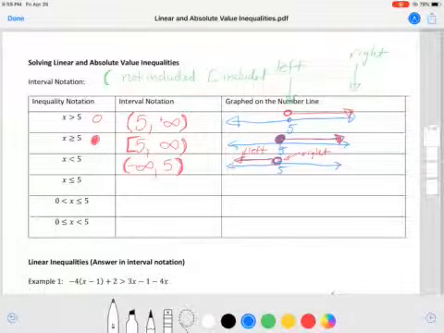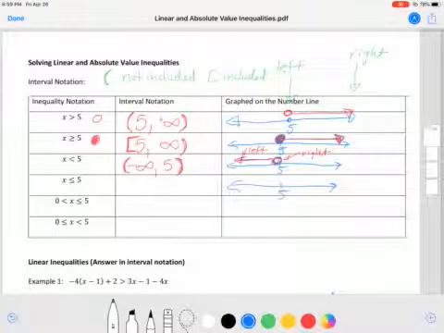Okay, next example, x is less than or equal to 5 is what we just did, but we're including the 5. So that means I'm going to fill in my circle above 5 to indicate that I'm including 5 in my interval. And this reads x is less than or equal to 5, so I want everything to the left. Any of the numbers less than 5.